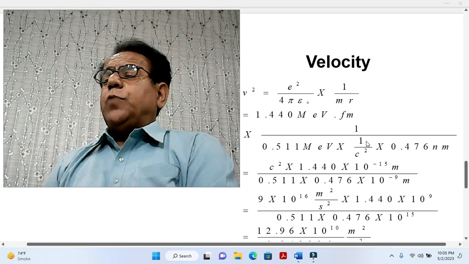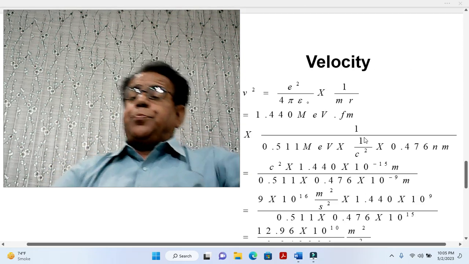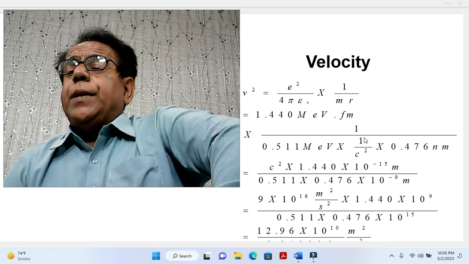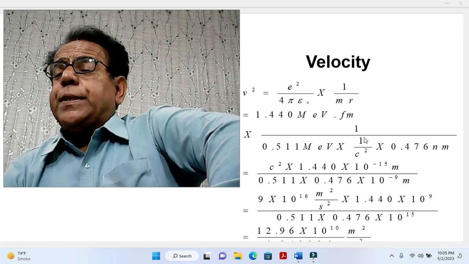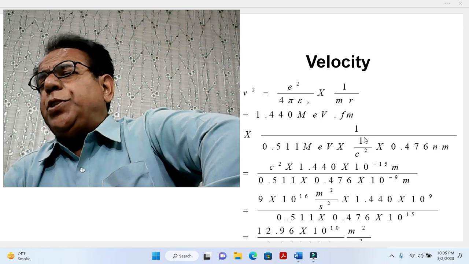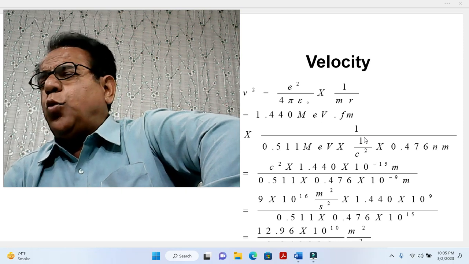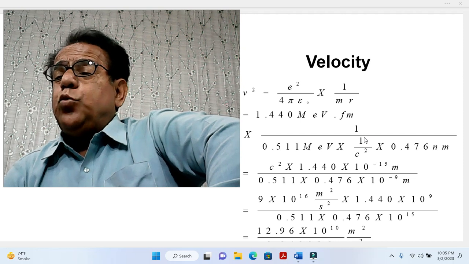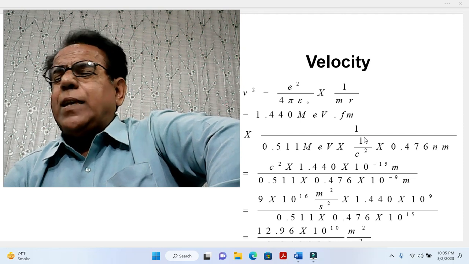Now we come towards velocity. Dear students, we know that in our toolkit we had described velocity v equal to e over under root, and so on, but here we have taken the square on both sides.